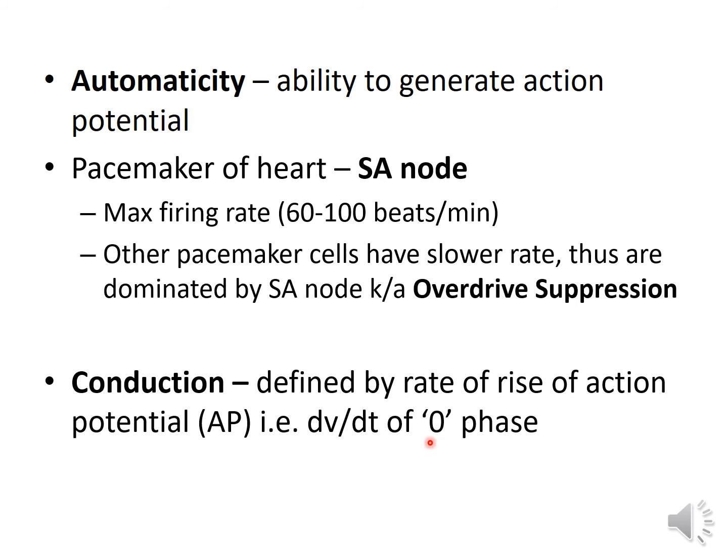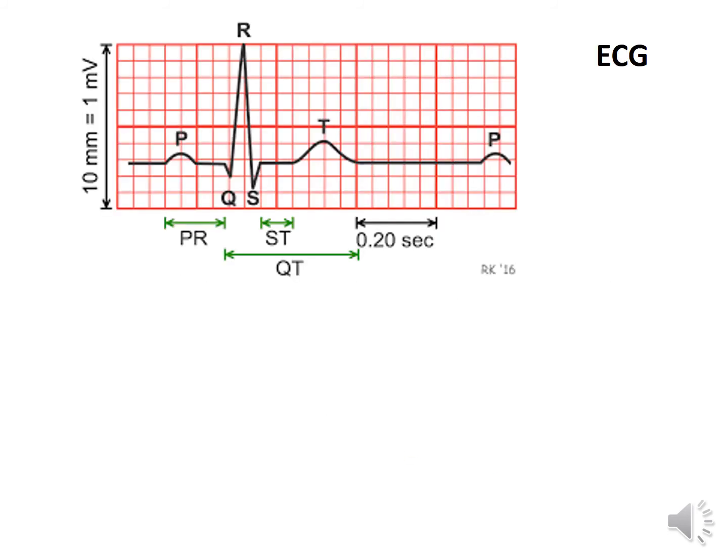There is a steep rise in action potential. So conduction is very fast in non-pacemaker tissue. While in pacemaker tissue, calcium channels are involved. So we have seen that phase zero rises slower as compared to non-pacemaker tissue. So dV by dt, or the rate of rise of action potential, tells us about the conduction.